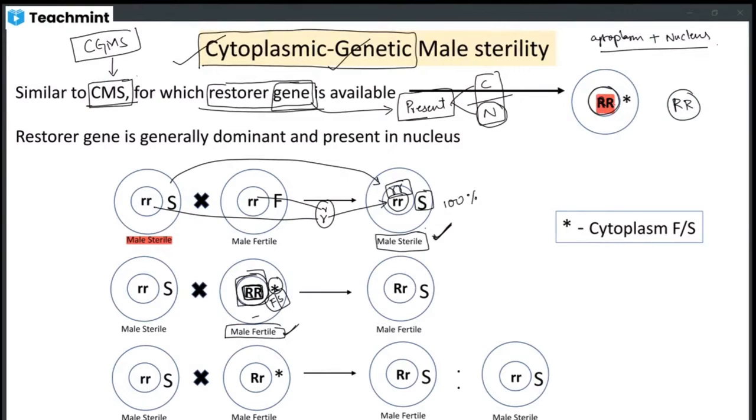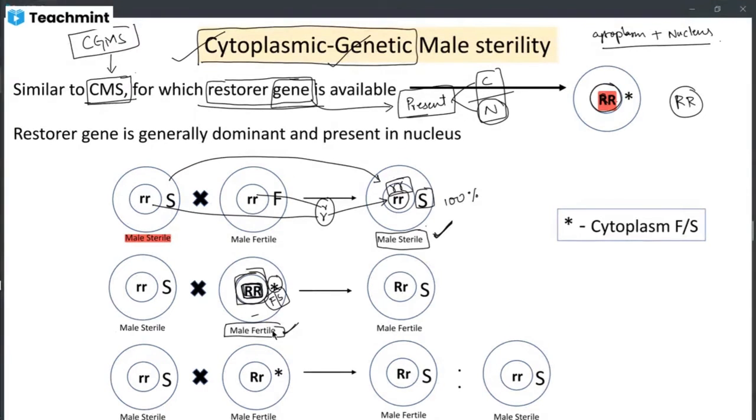Okay, so when you cross a male sterile line with the male fertile line which has the homozygous dominant restorer gene, where will you get the cytoplasm from? The cytoplasm will be from the female side. Then what about your nuclear condition? 50% will be from your female side and 50% from your male side. So that is the reason why we get the dominant allele as well as the recessive allele.